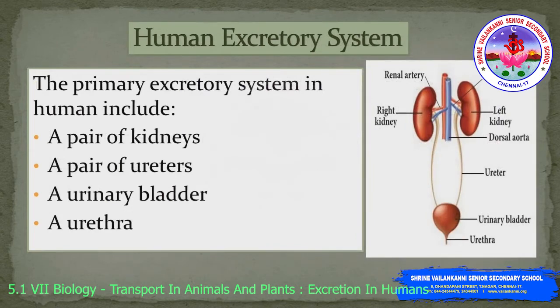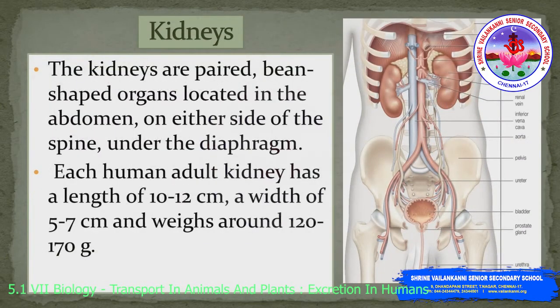The primary excretory system in humans includes a pair of kidneys, a pair of ureters, a urinary bladder, and a urethra. The first organ that we will be studying is the kidneys.